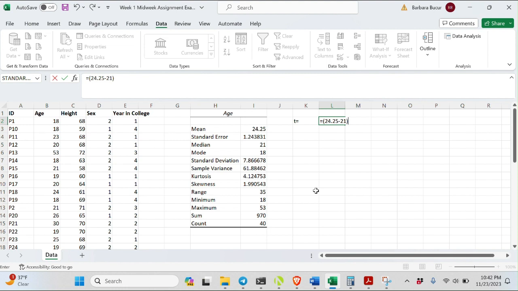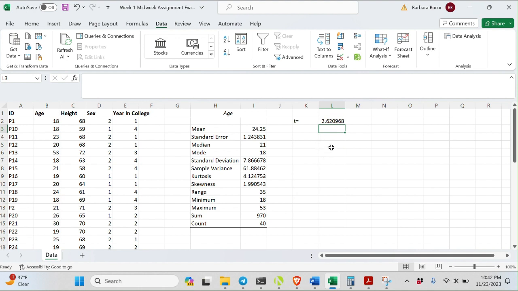And then you want to divide by the standard error of the mean, which in my case is 1.24. So to divide, we use the forward slash and then type 1.24 and then hit enter. So our value for T is 2.62.